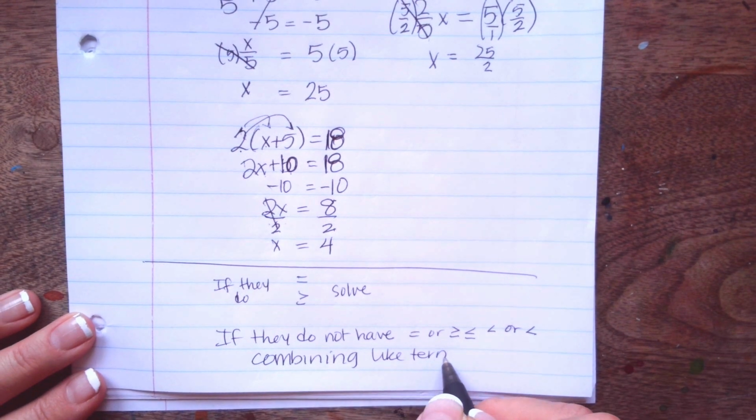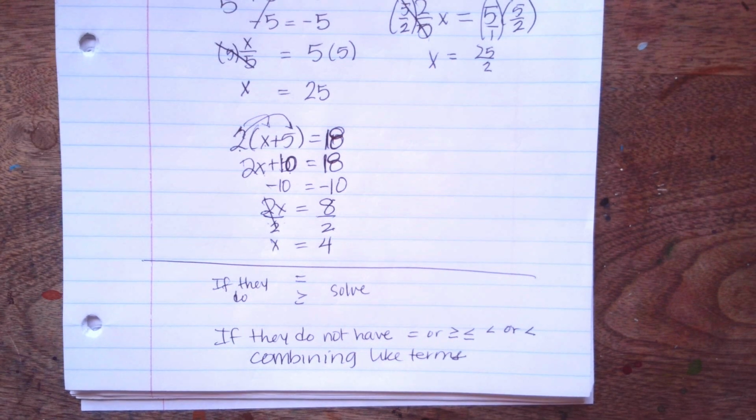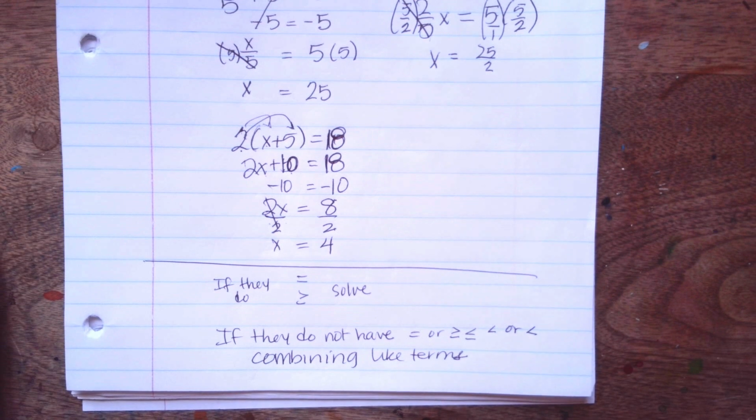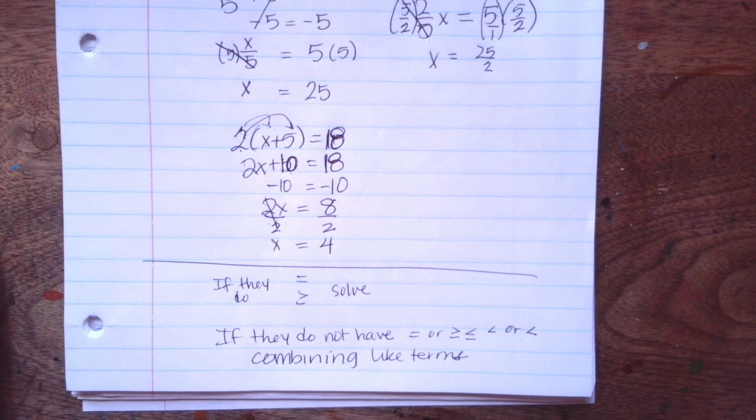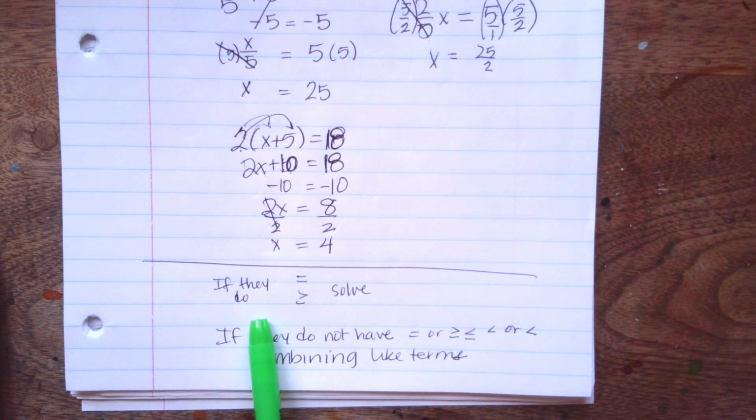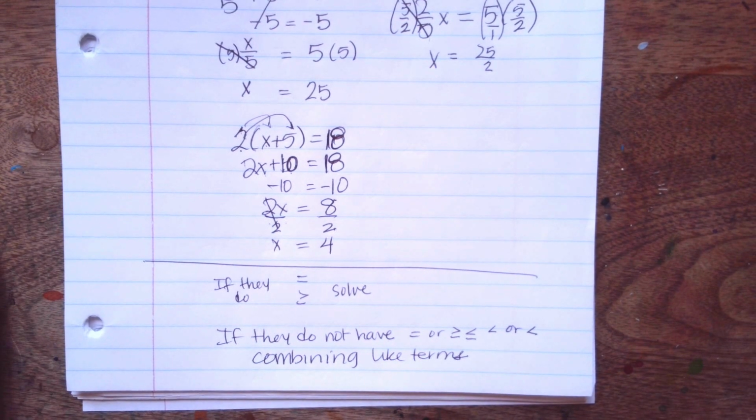So for homework, I'm giving you both types of problems, and you'll have to figure out, are you combining like terms? Or are you solving the problem? And you'll know that if they have an equal sign or an inequality sign.